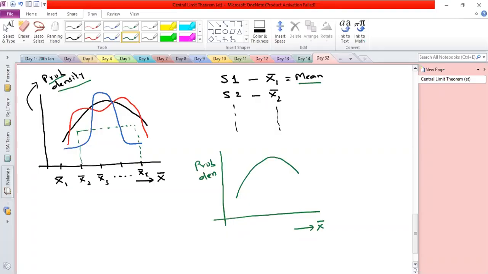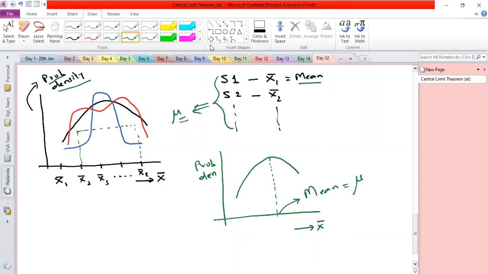Now the question is, what is the center of this? The center of this is another mean. What is this mean? This mean is actually mu, because from so many samples of data we are trying to find out the population mean, which is mu. So the center of the data will be mu.